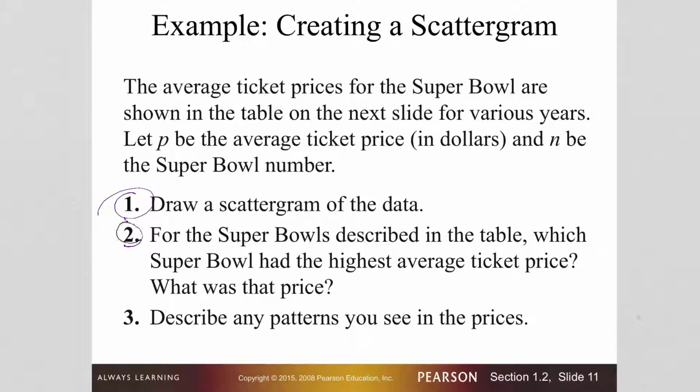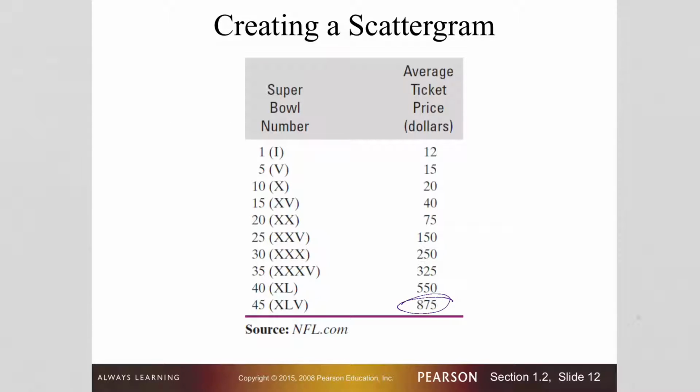Number 2 says, for the Super Bowls described in the table, which Super Bowl had the highest average ticket price? It almost feels like a trick question because you look at the graph or the table and you're going, is it really that easy? The highest average ticket price is right there, right? $875 for Super Bowl number 45.